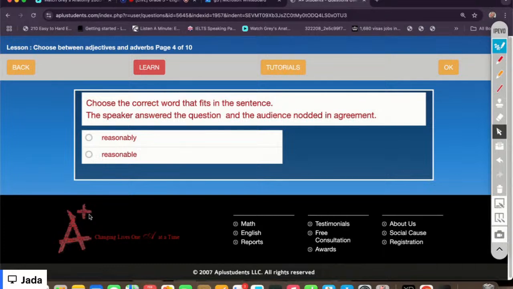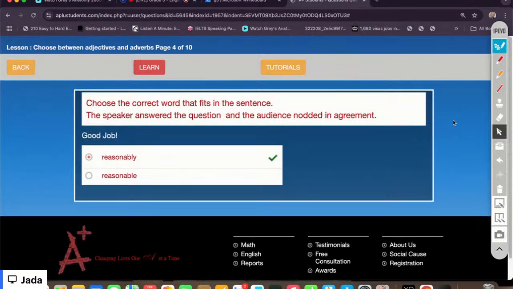So, reasonably or reasonable? Which one? So, reasonably. Okay.